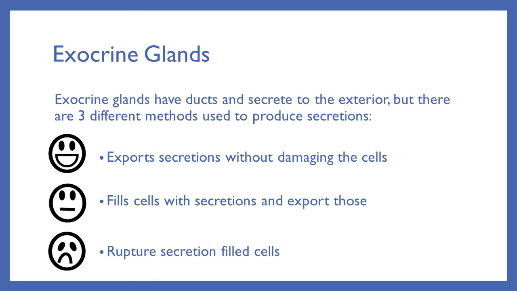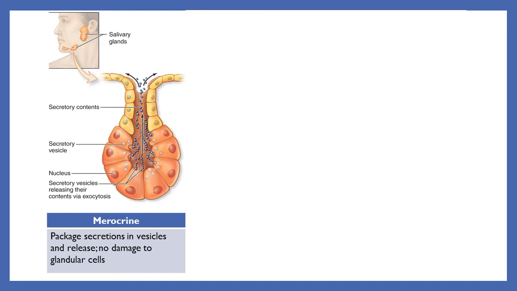Next up, there are glands that fill the cells with secretions and then export those and send those out. Lastly, there's one that actually destroys the cells in the process, and that one we have to regenerate constantly to keep up our numbers. Let's look at those 3 and give them names.